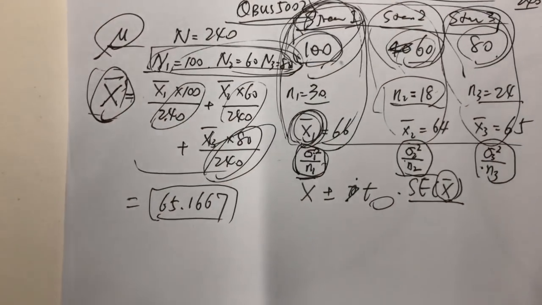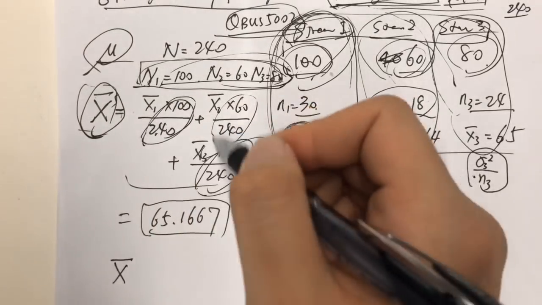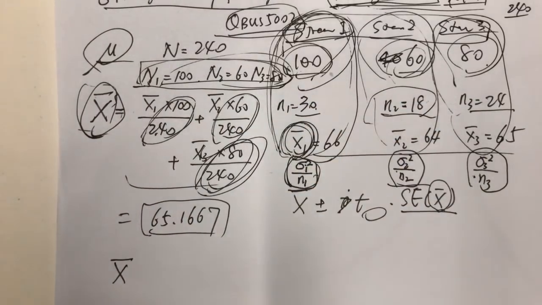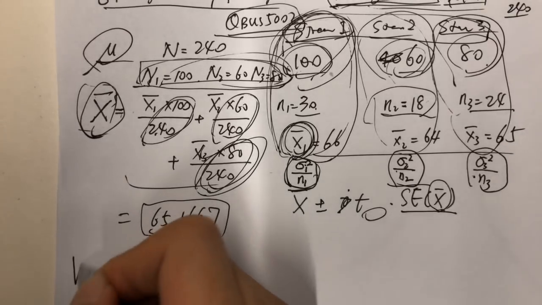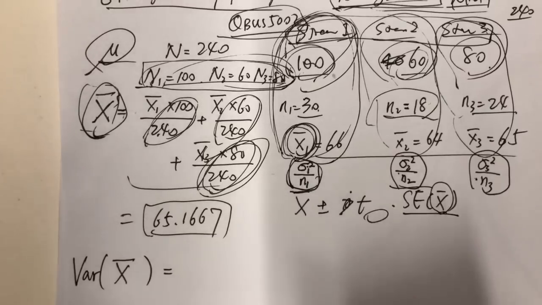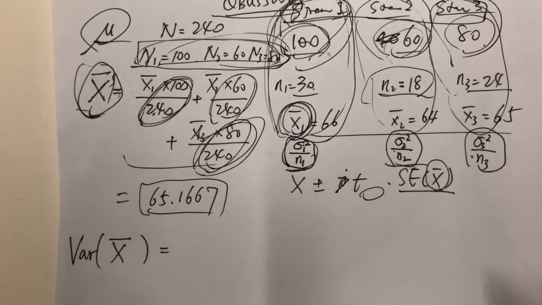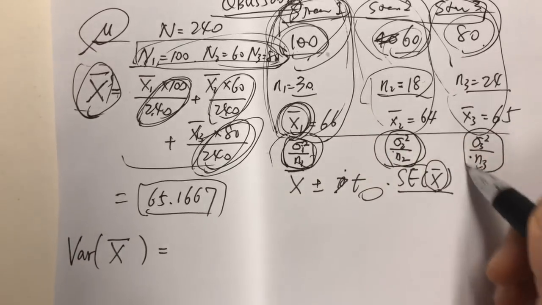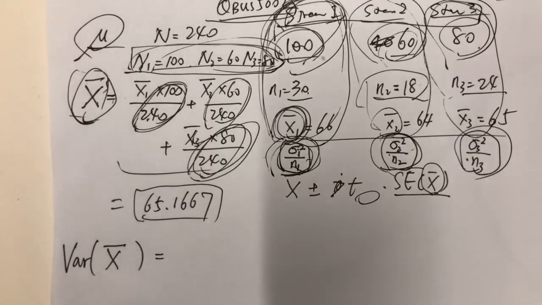So if we combine, we know x bar is the weighted average of each sample. Is that right? Therefore, the variance of x bar should also be the squared weighted average of each variance of x bars.